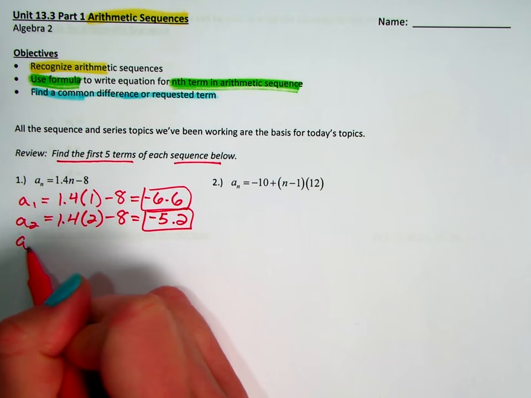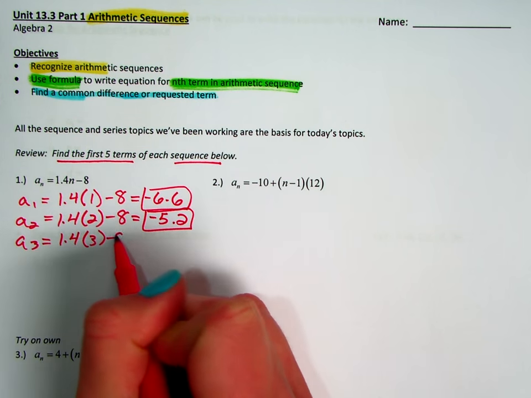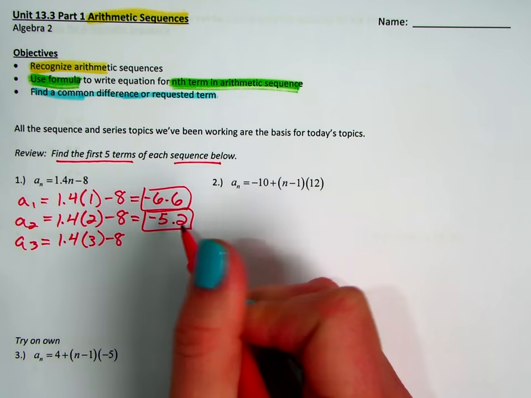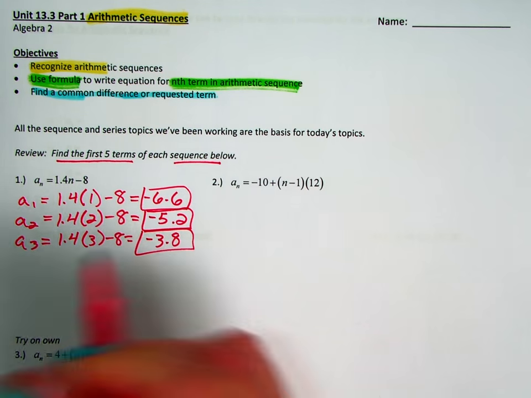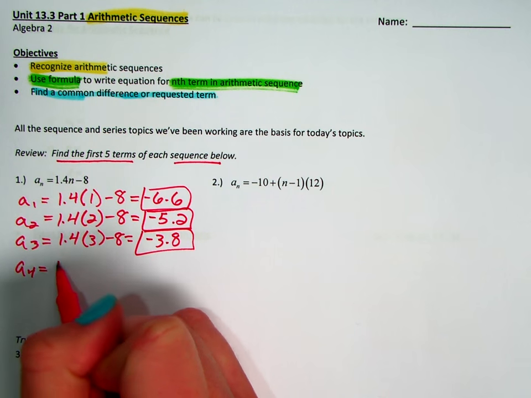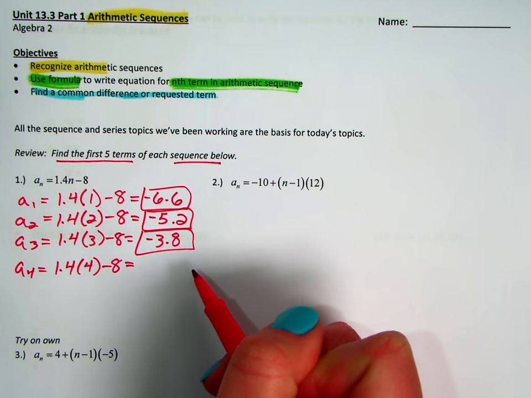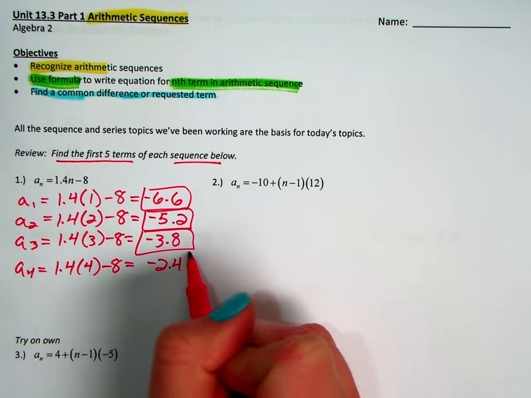Then we're going to have to find our third term, so we put 3 in the place of n. 4.2 minus 8 is negative 3.8 for our third term. And our fourth term, 1.4 times 4 minus 8, which if we type that all in our calculator at once would be negative 2.4.